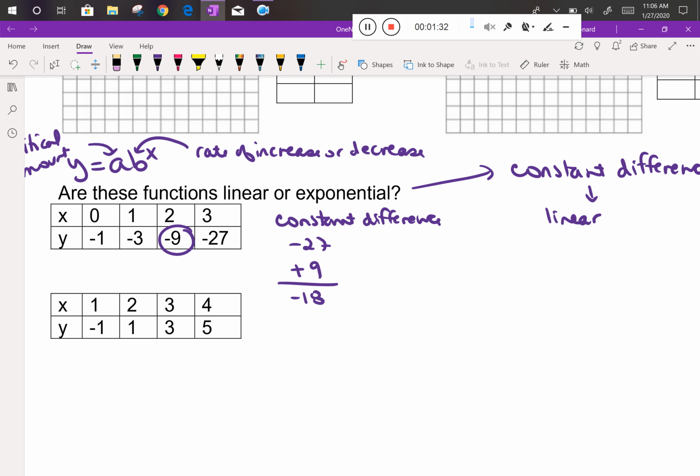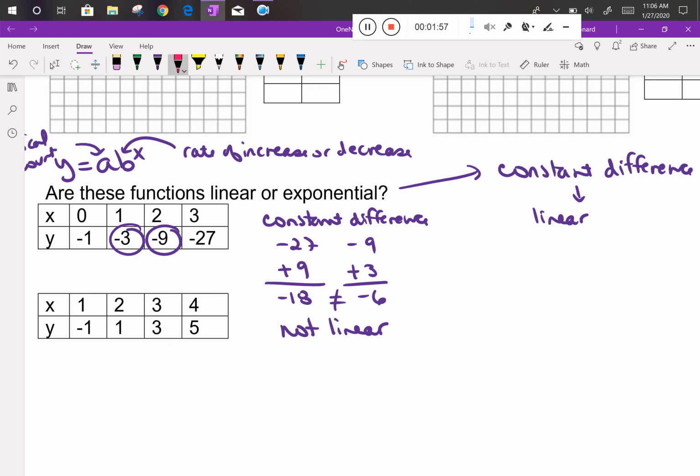So I'm erasing the negative 27. I'm going to do negative 9 minus negative 3. So it's negative 9 plus 3, which is negative 6. And right away I go, wait, those are not equal. I can conclude that since there's not a constant difference, I don't even need to keep checking. I can just say this is definitely not linear, and I can try something else.